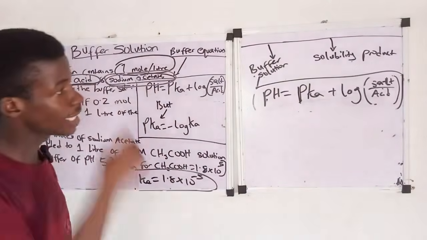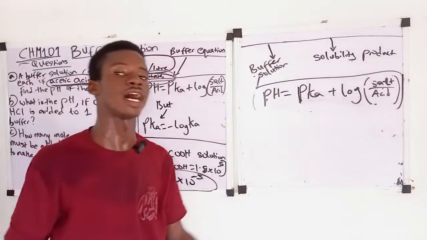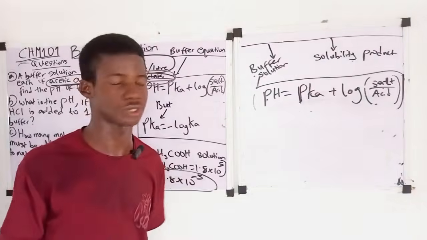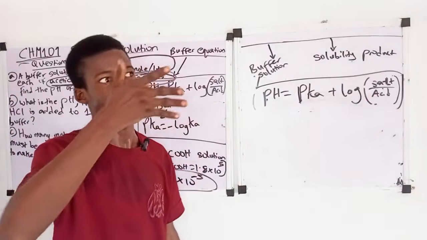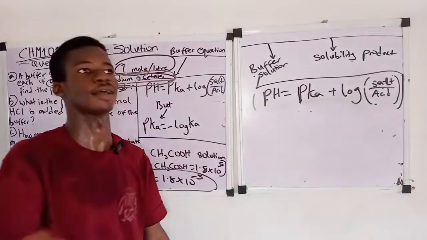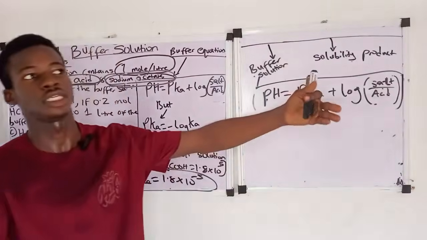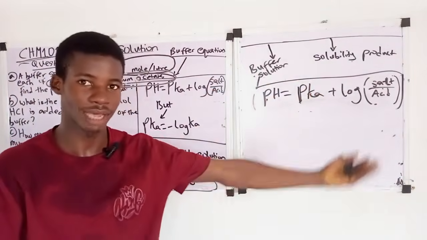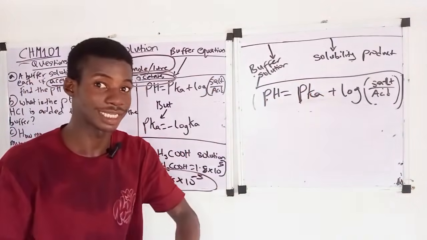For an acidic buffer solution, when you add an acid, the salt part will neutralize the acid, the hydrogen ion you added.